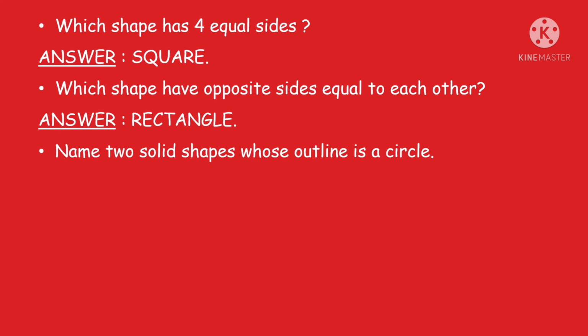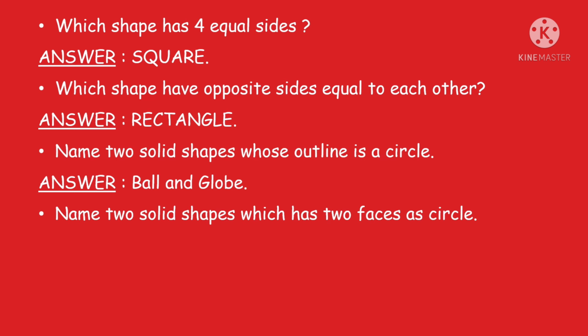Can you name 2 solid shapes whose outline is a circle? The answer will be ball and globe. Name 2 solid shapes which has 2 faces as circle.